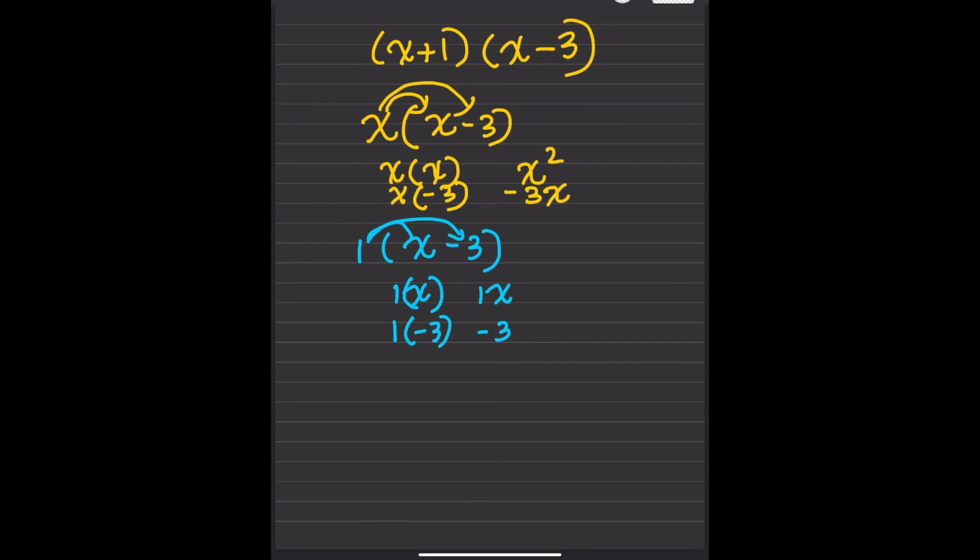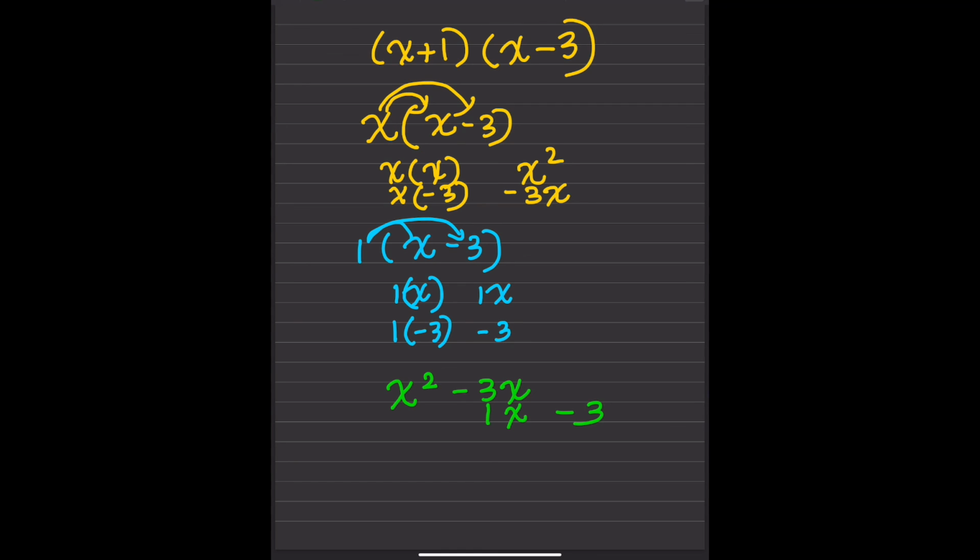So from this one, we have x squared minus 3x, and from this one we have 1x minus 3. Now look where I put the 1x. The reason I put the 1x over here is so that all the like terms, remember, like terms means same variable and same index, are together and you can easily add or subtract them.